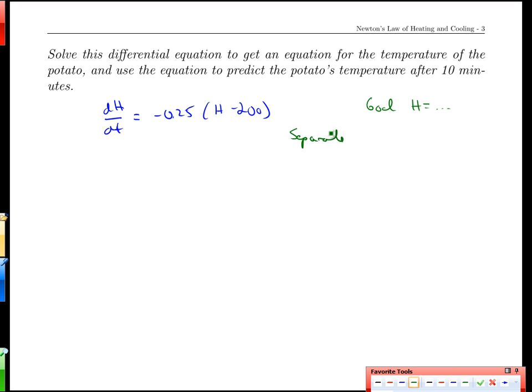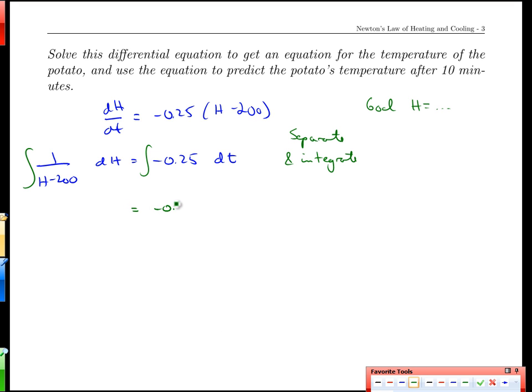We're going to separate our sides, and I'll bring the H minus 200 down. I'll leave the negative 0.25 up on the right side. It's not in the way, we'll keep it there. And then we're going to integrate as well. Okay, so we put an integral sign, and away we go.